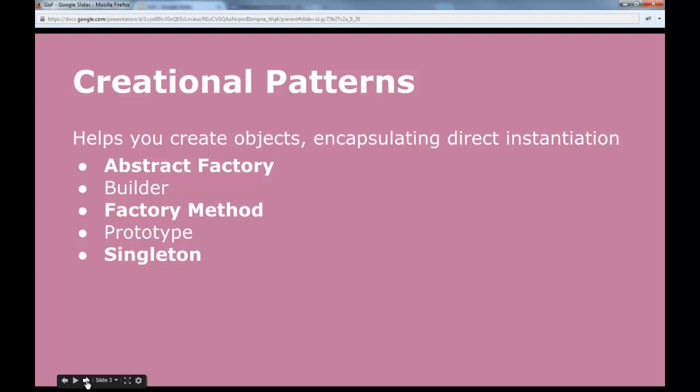These are about how to create objects and not allowing, or at least encapsulating, direct instantiation. That is, they should help you to create objects in different ways. We have talked about the creator pattern in the GRASP context that guides us on who is to create objects.